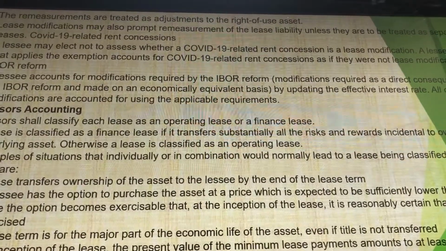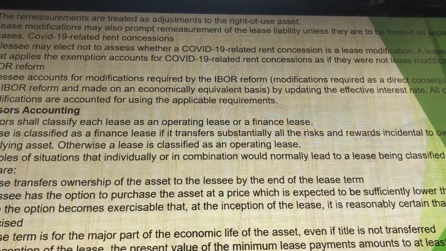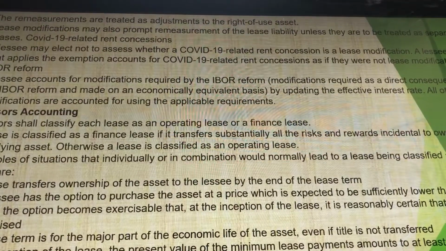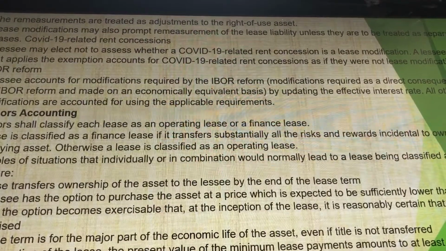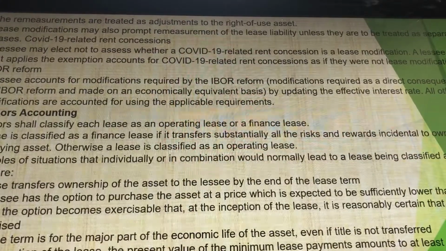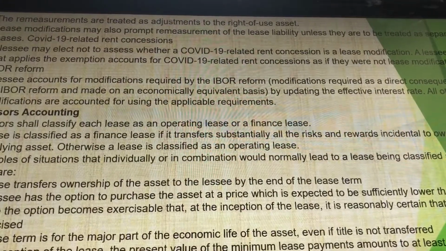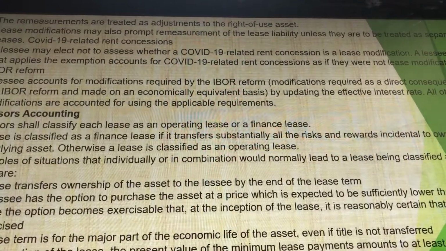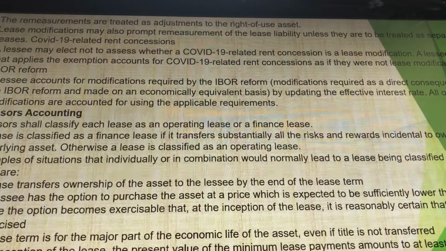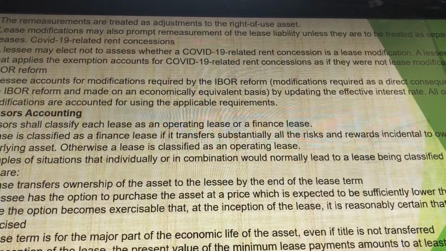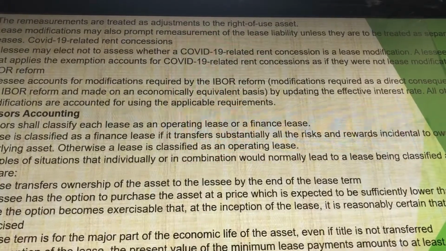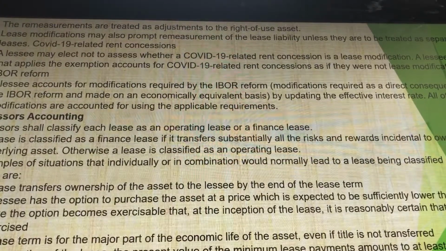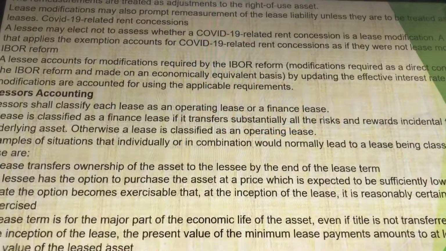Also, the lease term is for the major part of the economic life of the asset. At the inception of the lease, the present value of the minimum lease payments amounts to substantially all of the fair value. And the leased assets are of such a specialized nature that only the lessee can use them without major modification.